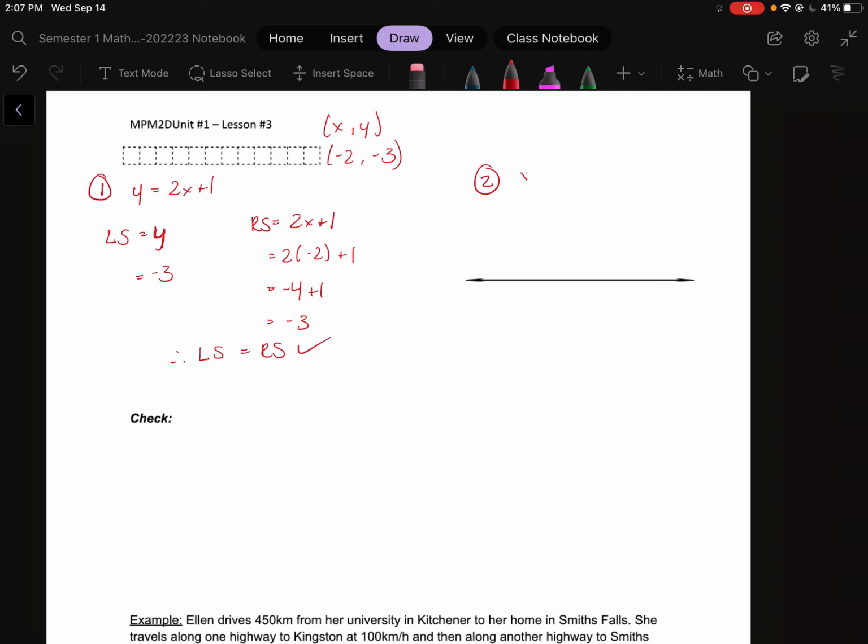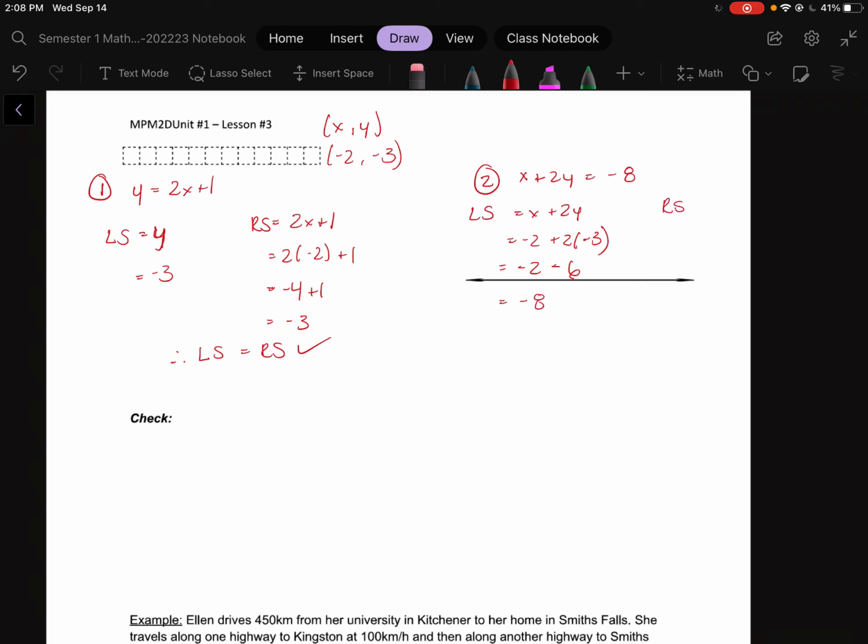Now, let's do the other side. Number 2, so x plus 2y equals -8. Okay, we're going to do our left side here, which is x plus 2y. We're going to plug in our values. So we have -2 plus 2 times -3. We're going to keep our -2 minus 6, and we'll get -8.